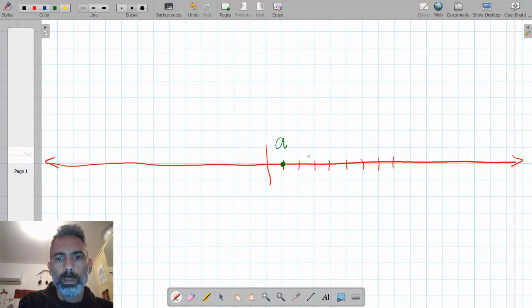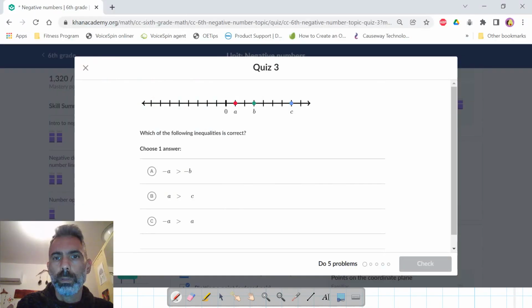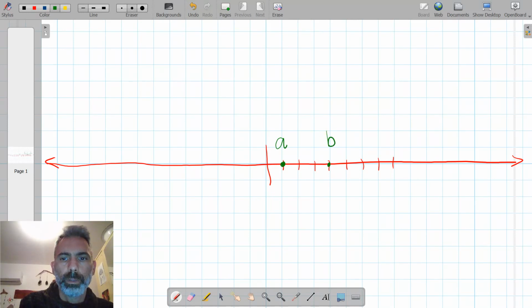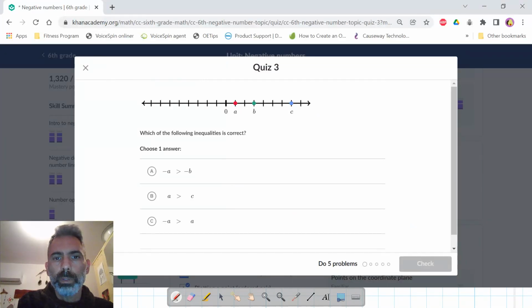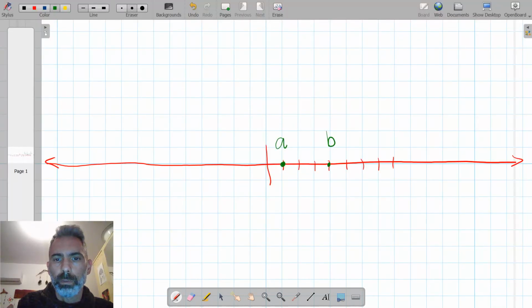So this is point B. And point C is 1, 2, 3, 4, 5, 6, 7 hash marks to the right of the 0. So this is point C.